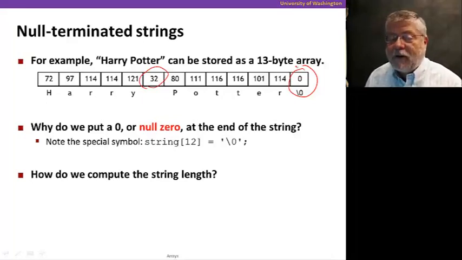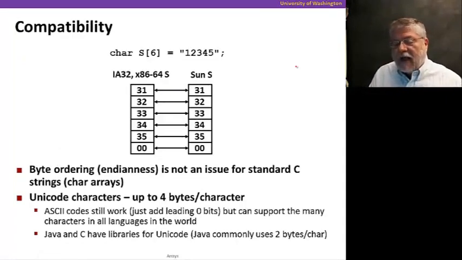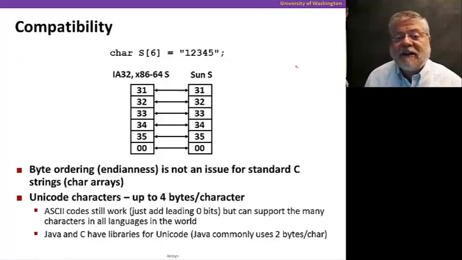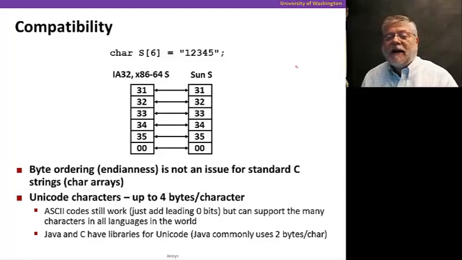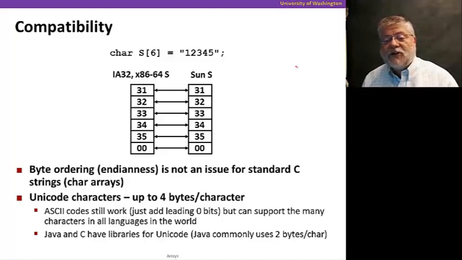When we find the 0, we would know we were at the end, and that's how we would compute the string length. Okay, because we're dealing with 1 byte at a time, we don't have to worry about issues of little endian or big endian when we think about character strings. So if we had the character string 1, 2, 3, 4, 5, it would actually be represented in precisely the same way in little endian machines or big endian machines.